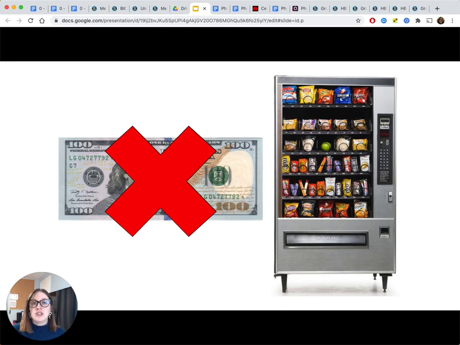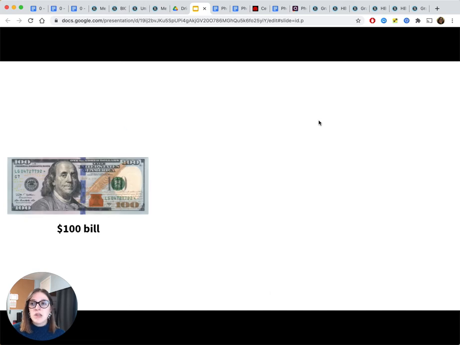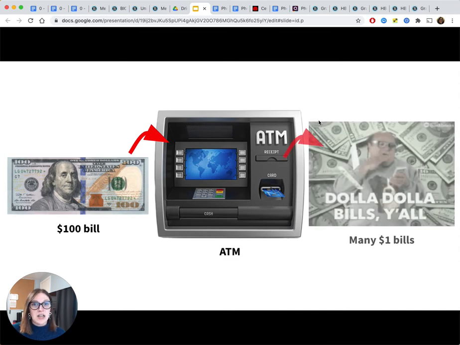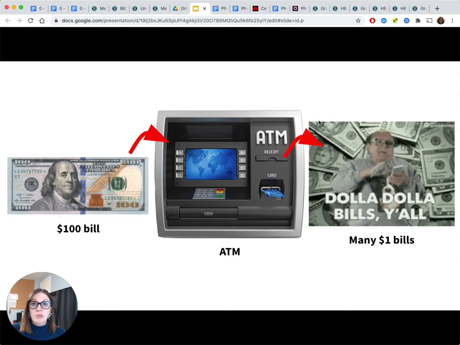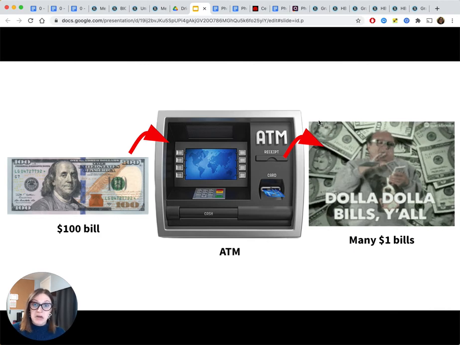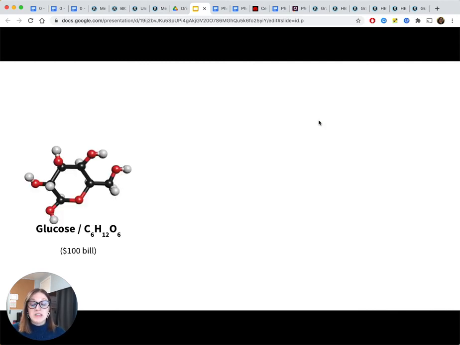This same analogy applies to cells and how they use energy as a form of currency. So in our cash analogy, you would take the $100 bill, you might bring it to an ATM, and then you could get lots of dollar bills back. The same process happens in our cells, using different terms other than money and ATMs. In our cells, what's happening is that you consume a glucose molecule.